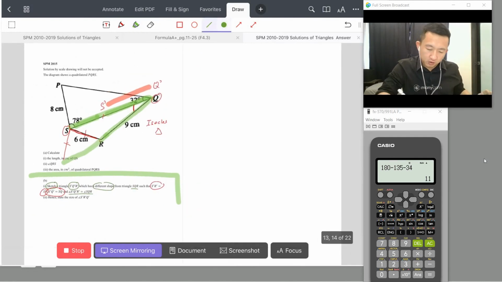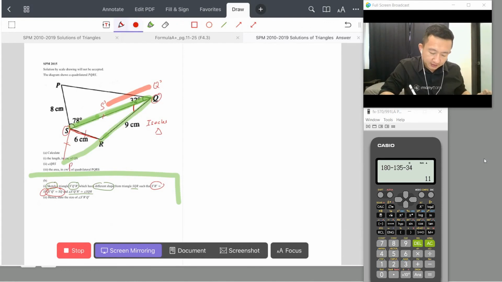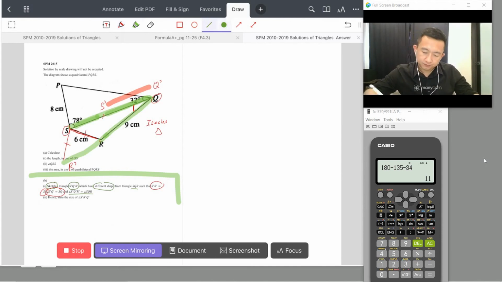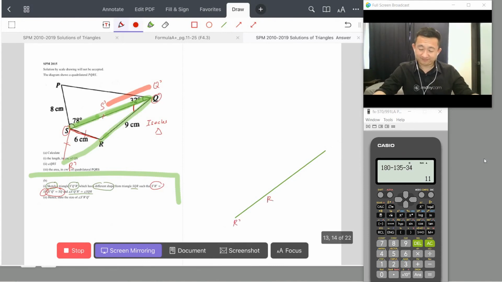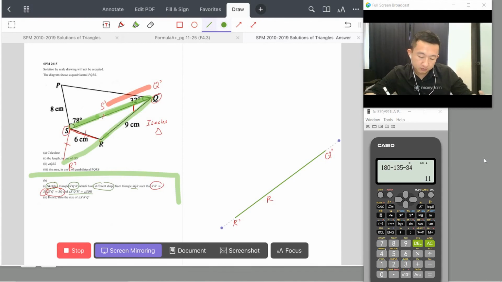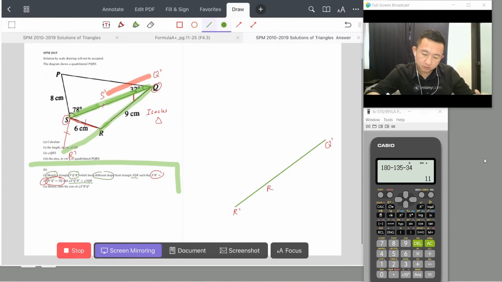First we draw, this is R prime. We draw R prime Q. R prime, maybe this is R, and this is Q, changing to Q prime also, and you should have S. So we have R prime S, maybe something like this.